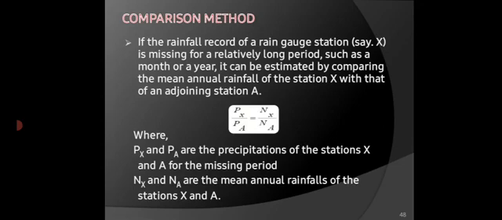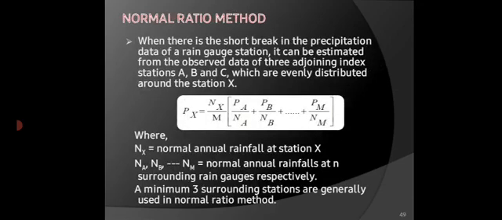Here the equation is Px by Pa is equal to Nx by Na, where Px and Pa are the precipitation or rainfall of stations X and A respectively for the missing period, okay? This we have to remember. And Nx and Na are the mean annual rainfall collected at stations X and A, right? We have to compare that annual reading and the missing period reading. We get Px.